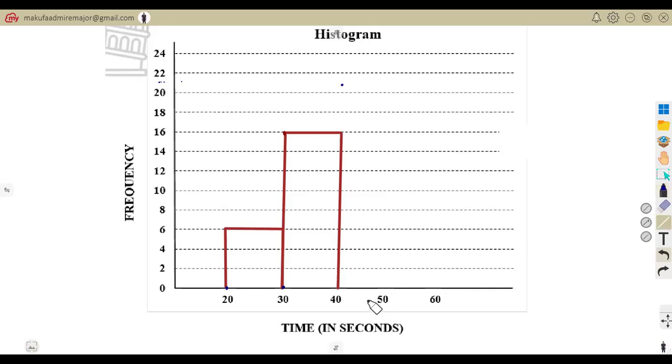So this is between 40 and 50. You're going to take this bar going up to 21. Like I said, you just approximate in between like this. You do the same thing at 50 going up. Just approximate maybe somewhere there a little bit.